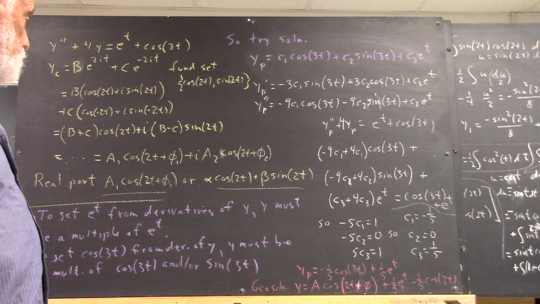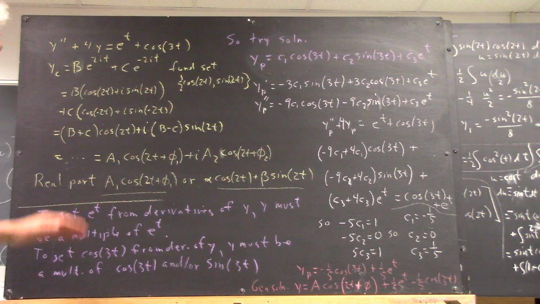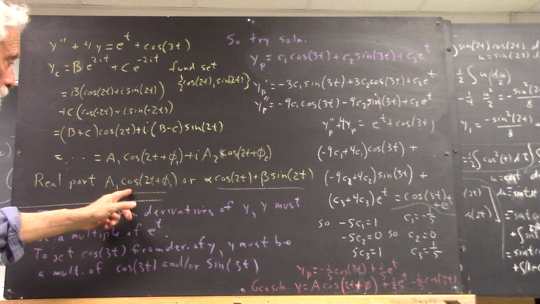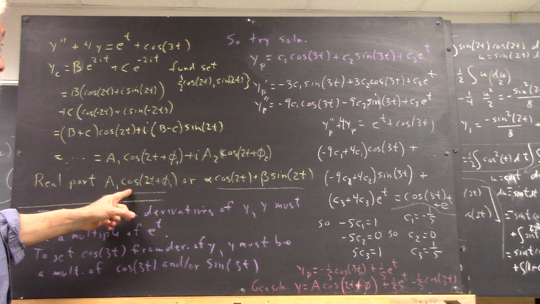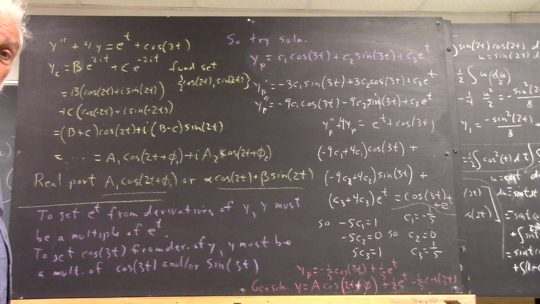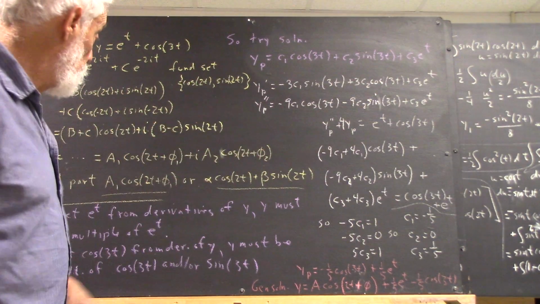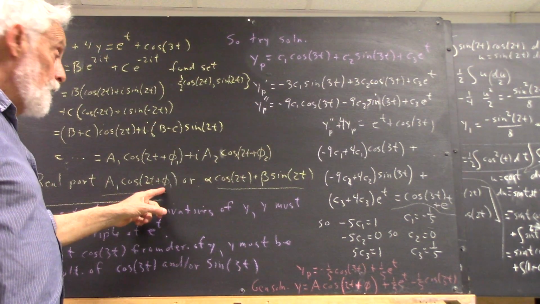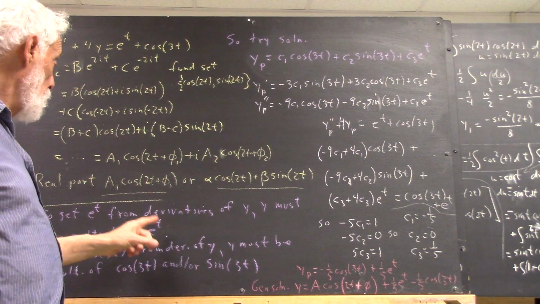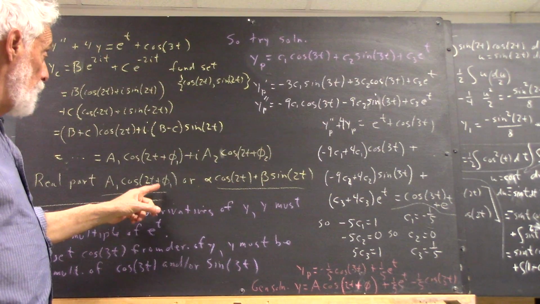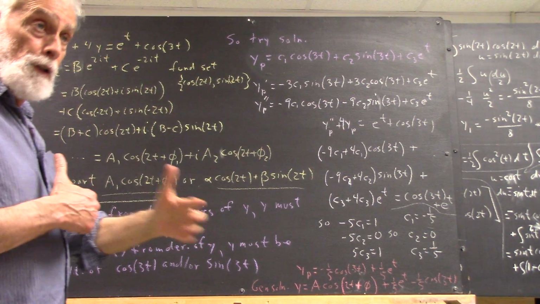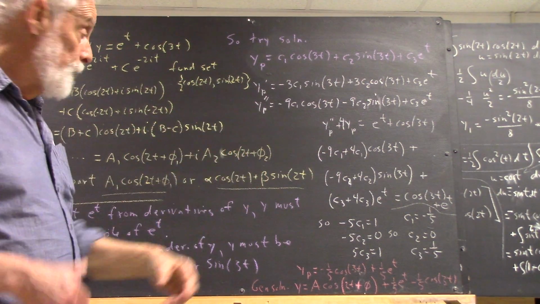All right, now, this is our general solution to the homogeneous equation. We can get two linearly independent solutions by just using two different numbers for our phase angle. Okay? If our phase angles aren't the same, the functions are linearly independent.